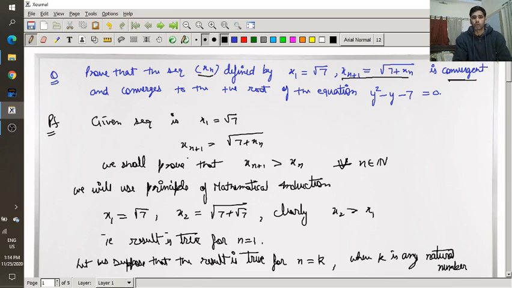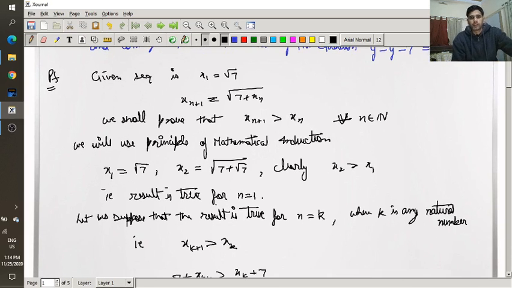In order to prove that this sequence is convergent, we will use the concept of monotonically increasing or decreasing sequences. Intuitively we get an idea that this sequence is increasing. So we prove this monotonically increasing concept by using the principle of mathematical induction.